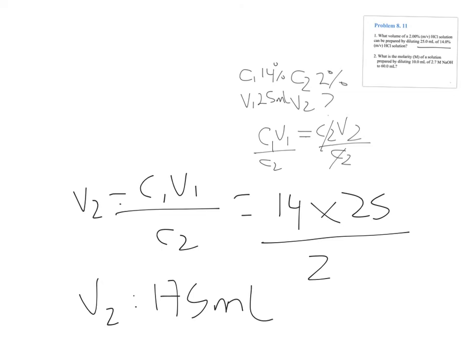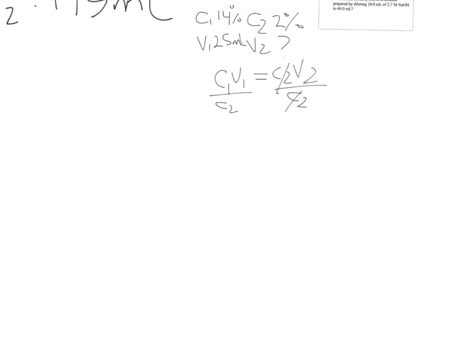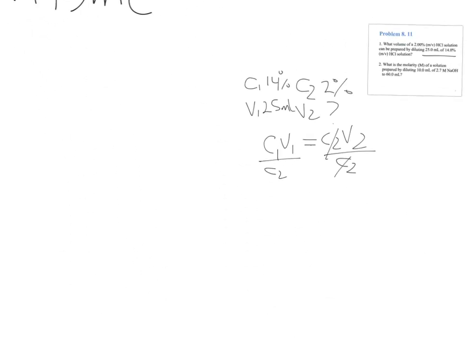Let's now work on the second problem. What is the molarity of a solution that was prepared? 10 milliliter. So we're going to evaluate the same thing. C1V1 equals C2V2.